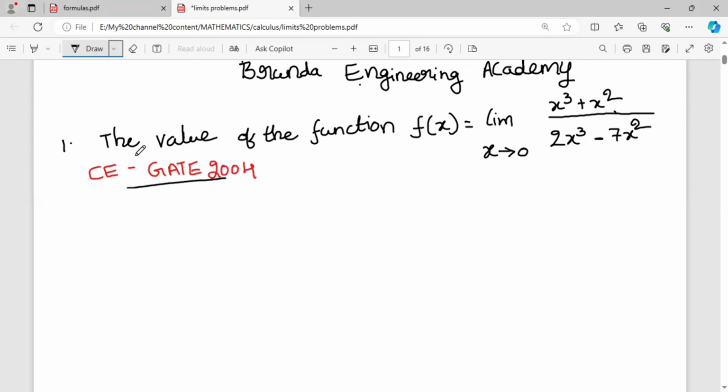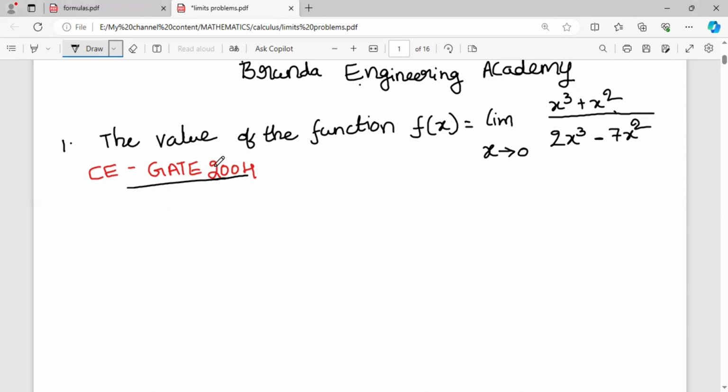The first question is: the value of the function f(x) equal to limit x tends to 0 of (x cube plus x square) by (2x cube minus 7x square). This question was asked in GATE 2004 for 1 mark.